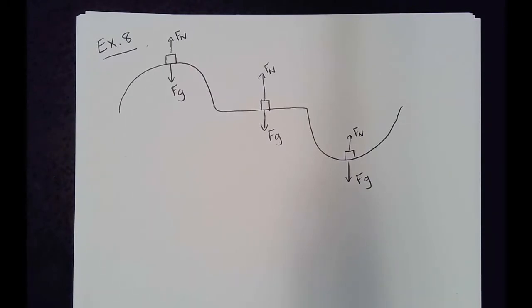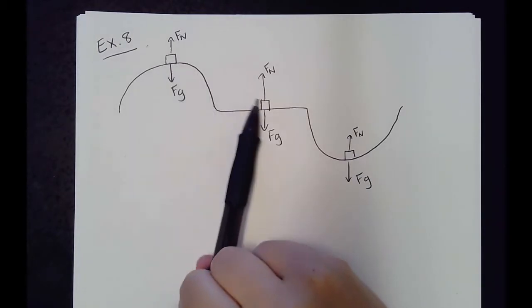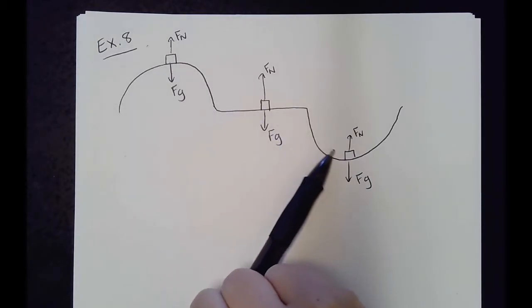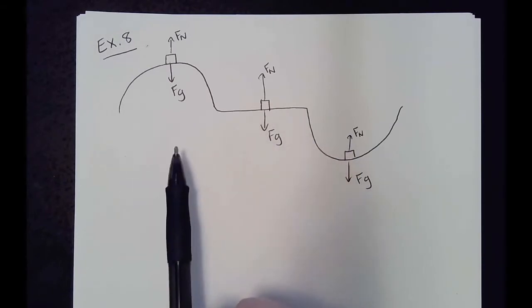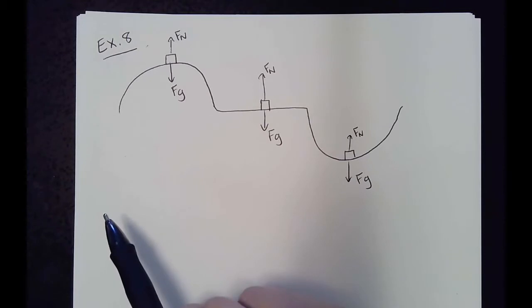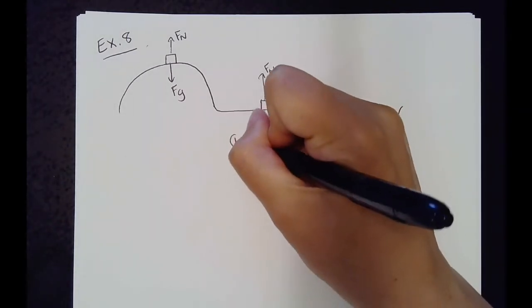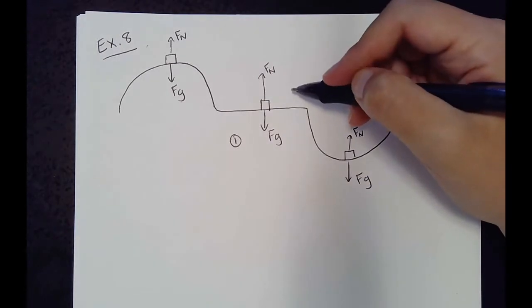Okay, so the free body diagram looks the same in each of these three cases: at the top of the hill, on the flat surface, and then in the dip here. What changes is the direction of the acceleration and the positive direction of motion. So the easiest case is this one, I'll call it 1, when the object's moving on flat ground at a constant speed.